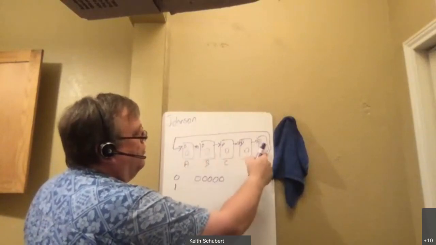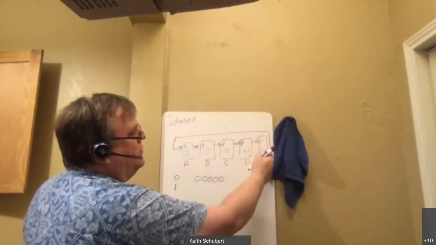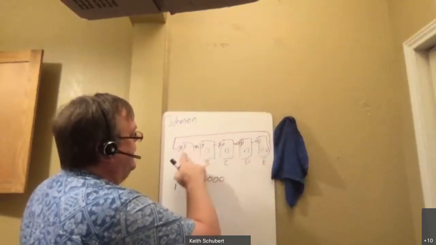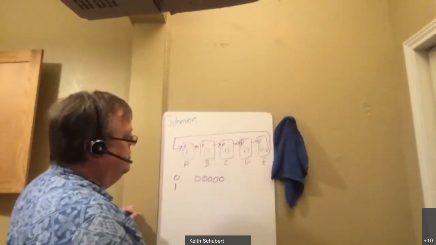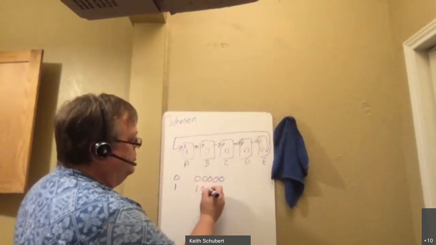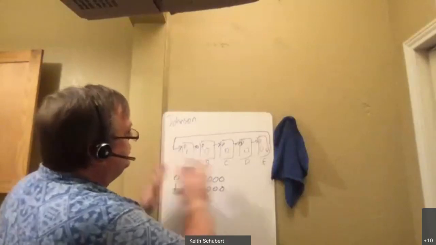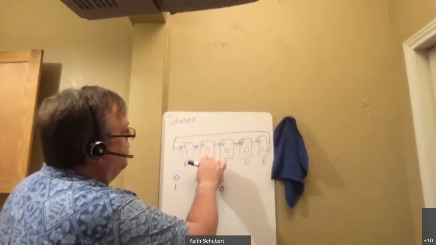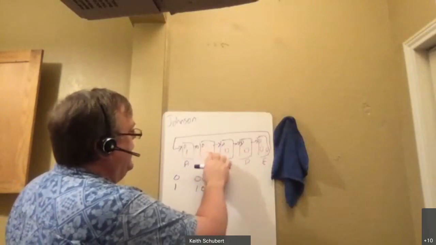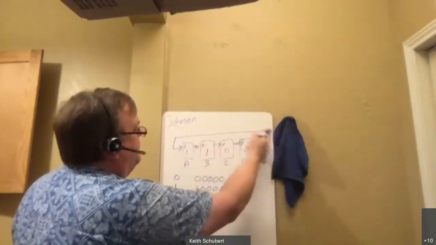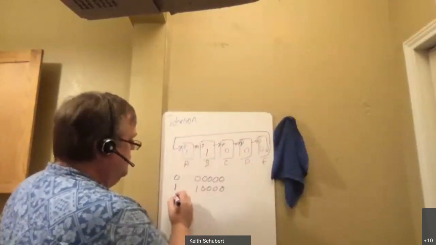All the zeros will move over. The last 0 comes around, inverts and becomes a 1 and shifts back in. So if I do a shift, I'll get a 1 here, which means my 1 case looks like this. Then when I shift again, this one will move over, the zeros will move down, and the last 0 in line will get flipped and come back around. So this will be 2.